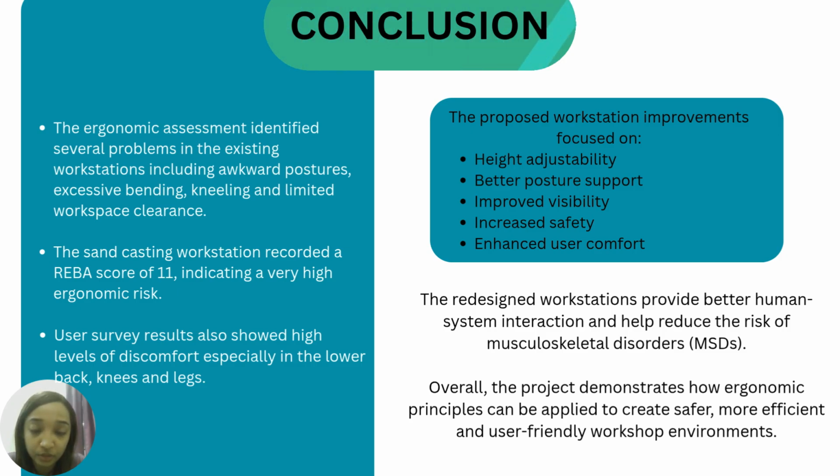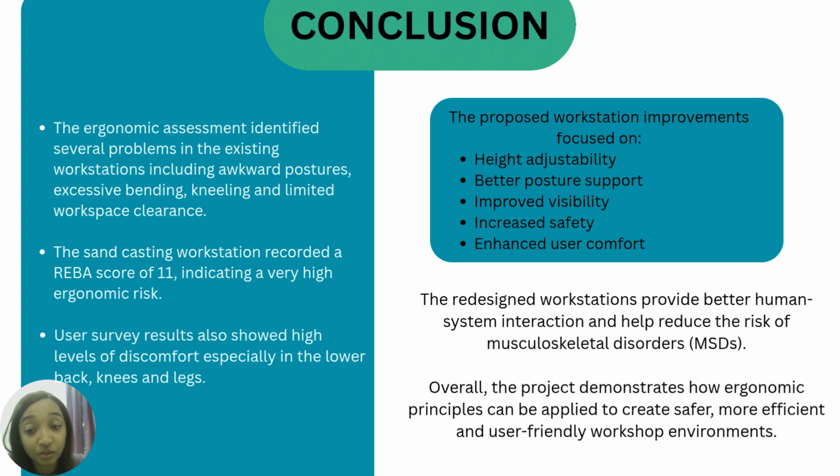In conclusion, the existing workstation contains several ergonomic issues that may negatively affect the user's health and performance. Through ergonomic analysis and digital human modeling, the key risk factors were identified, such as awkward postures, excessive bending, kneeling, and limited workspace clearance. The sand casting workstation recorded a REBA score of 11, indicating a very high ergonomic risk.